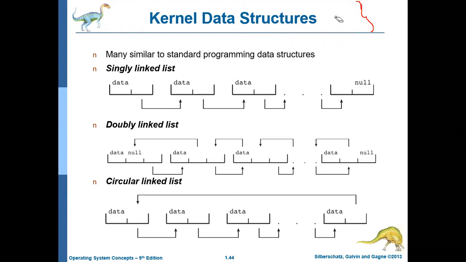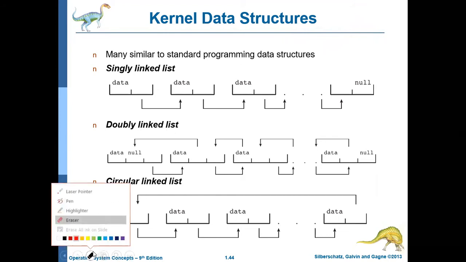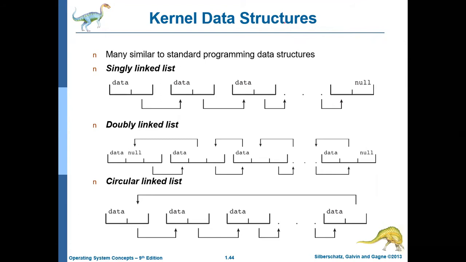A list is also a sequential data structure like an array. That is, it contains a sequence of elements. The main difference between a list and an array is that in an array you can access any item directly.